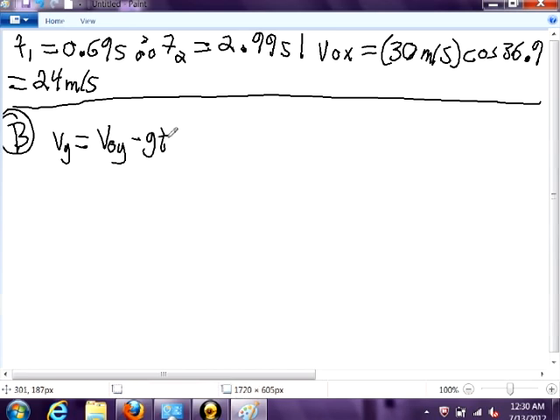So minus GT, because the final velocity is equal to the initial velocity plus the change in the velocity with respect to time.